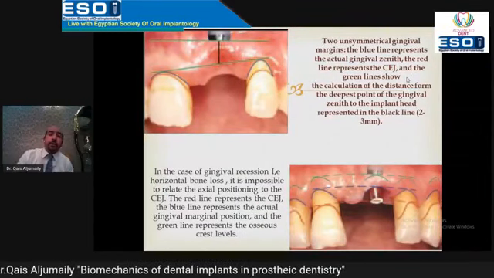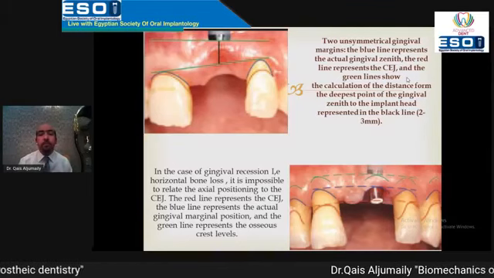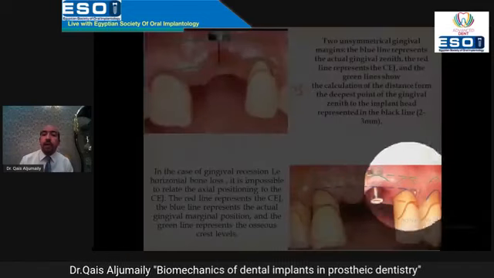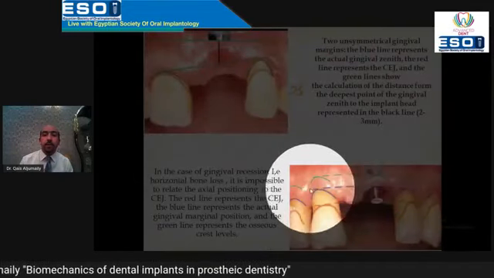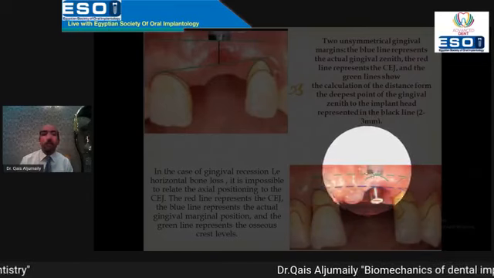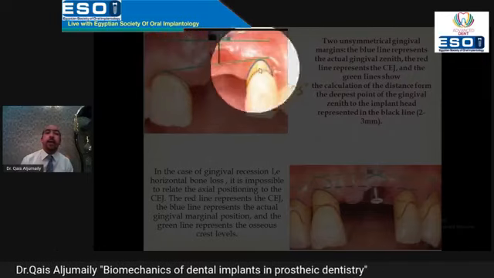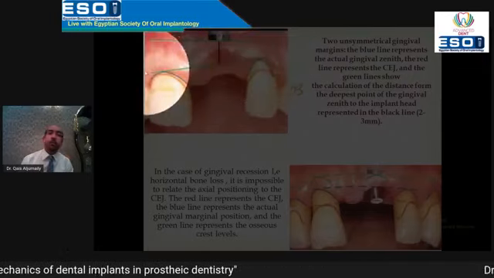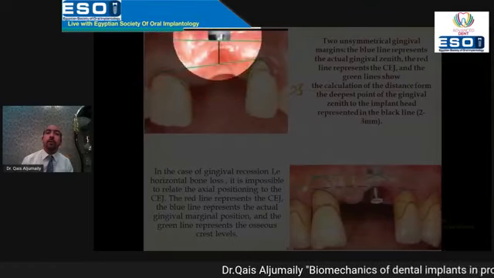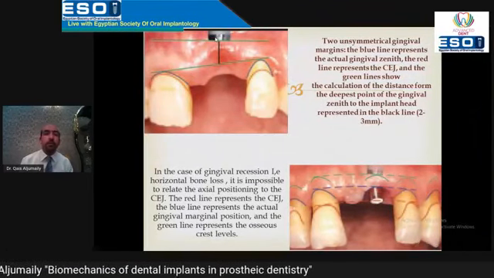Okay, in cases of gum recession and horizontal bone resorption, we will face a problem. Again, we have to draw a line from the zenith of the adjacent teeth and follow our rule or principle. If one tooth zenith is higher than the other, the line will be angulated. So don't worry, just draw a line and then you can go in the middle and check 3 millimeters away from the line of the zenith.